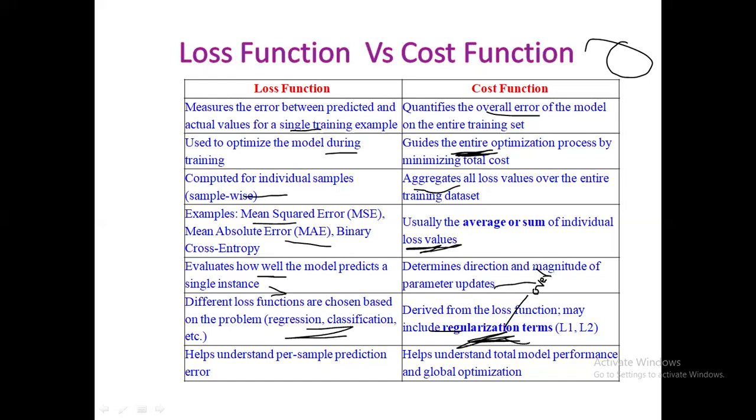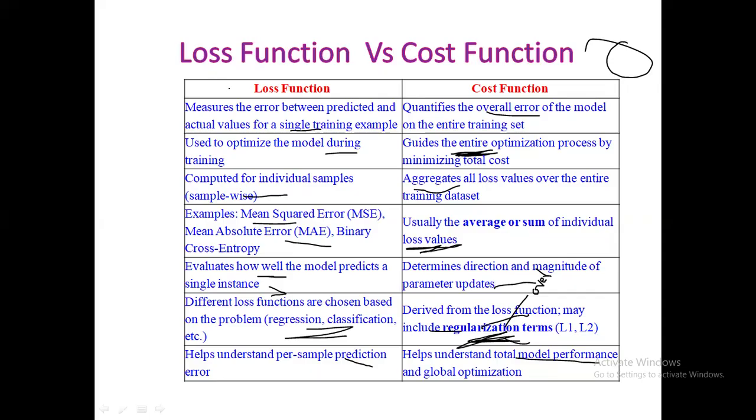This makes the cost function more suited for global and general optimization. So the loss helps understand per-sample prediction, and the cost will be used for total model predictions. So this is the comparison between loss function and cost function.